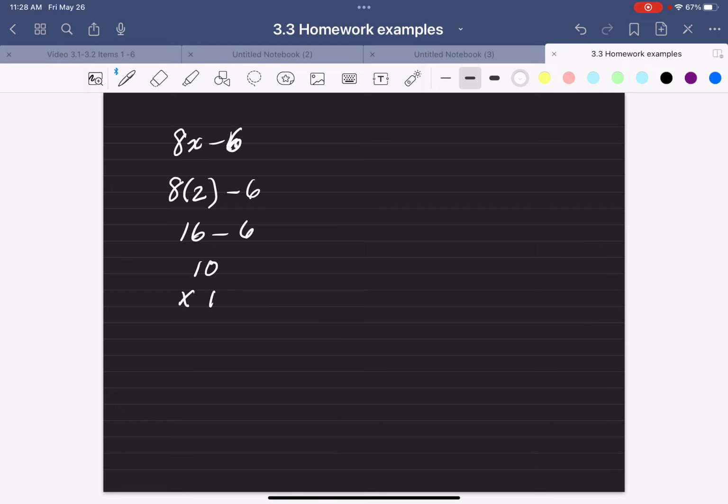Multiply that times 100 because it's in hundreds of items.